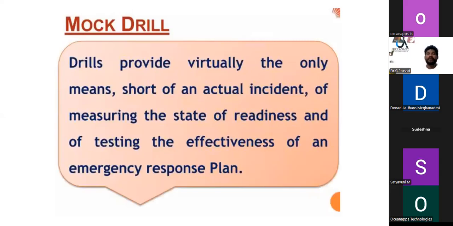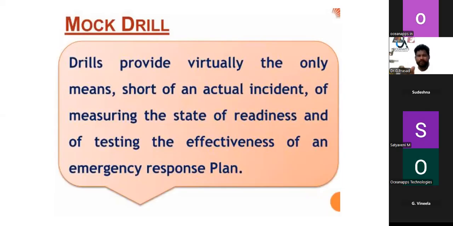So what will we get from the mock drill? A mock drill provides virtually the only means other than an actual incident. If anything like fire or any damage in the situations is going to happen, it measures the readiness.